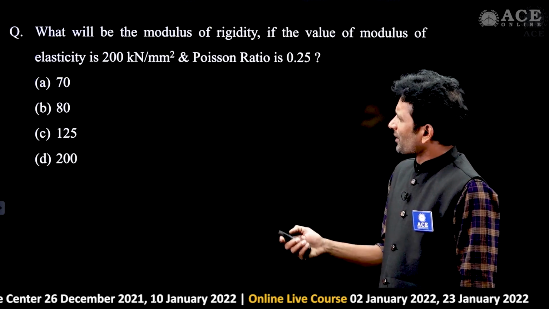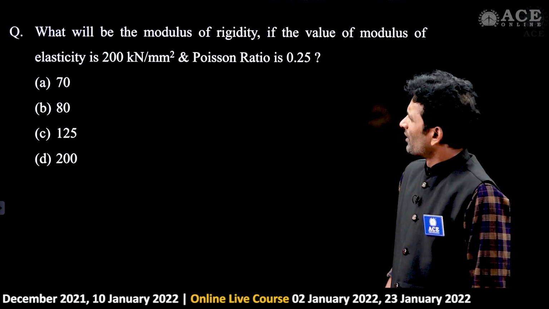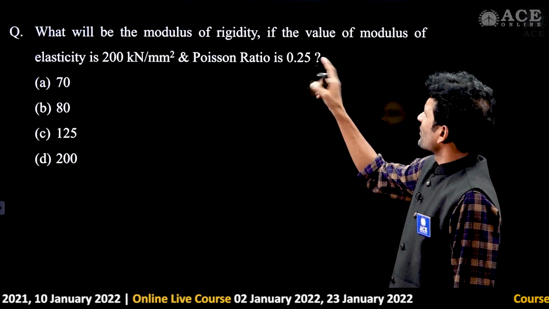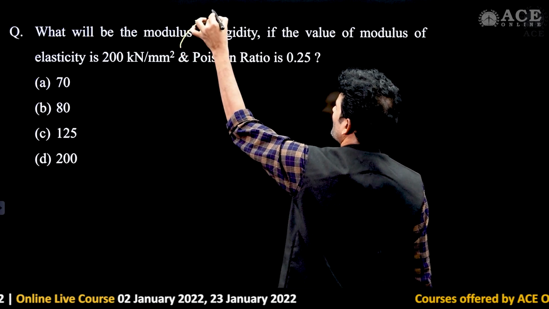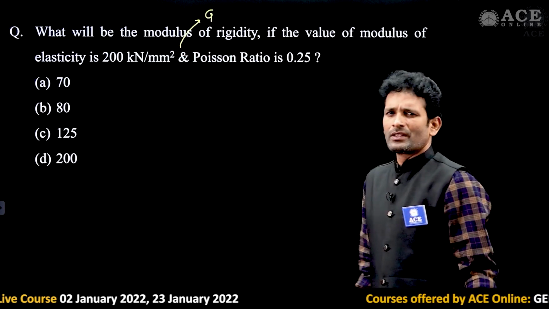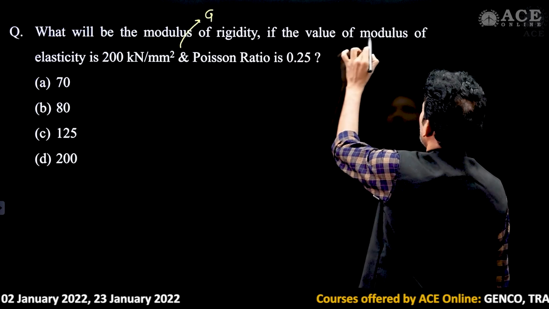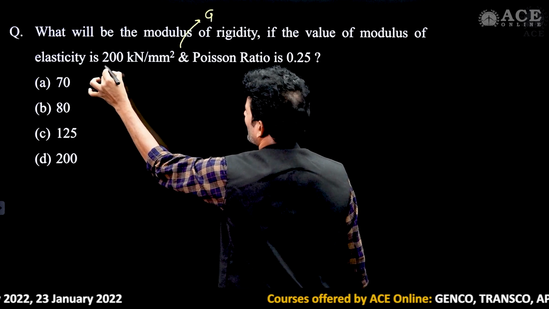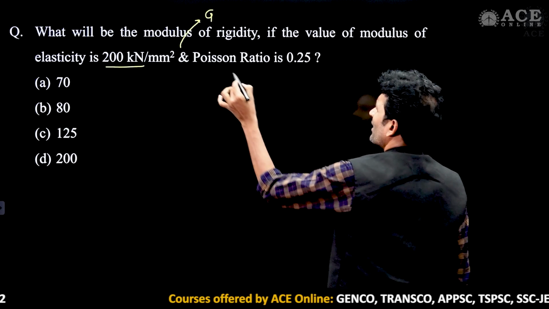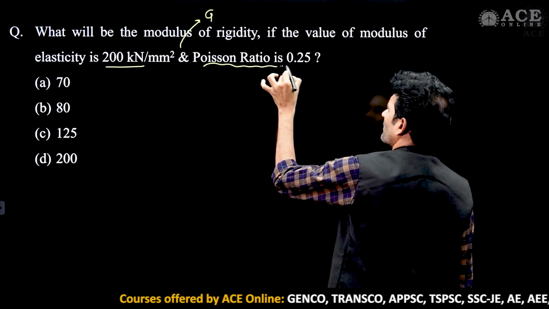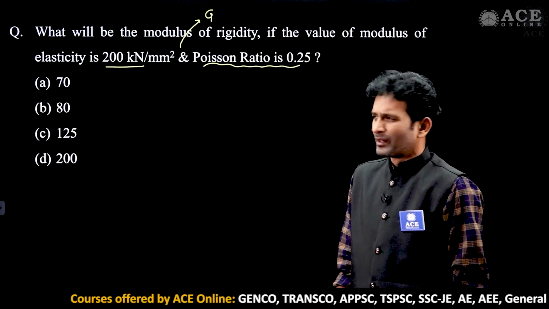Now see the second question. What will be the modulus of rigidity? We require the modulus of rigidity G, if the modulus of elasticity is 200 kilonewtons per square millimeter and the Poisson's ratio for that material is 0.25.